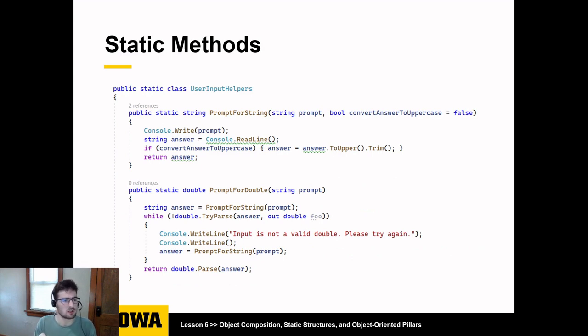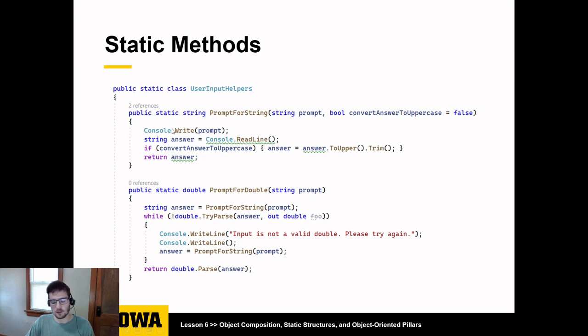Let's look at another example here. This is from the previous lesson exercise. I provided these user input helpers, and I gave them in the form of a static class. So public static class user input helpers, and it has these helper methods that you can refer to just by going user input helpers dot prompt for string, prompt for double, and so on. You'll see the static keyword is embedded in here between the access modifier and the return type.